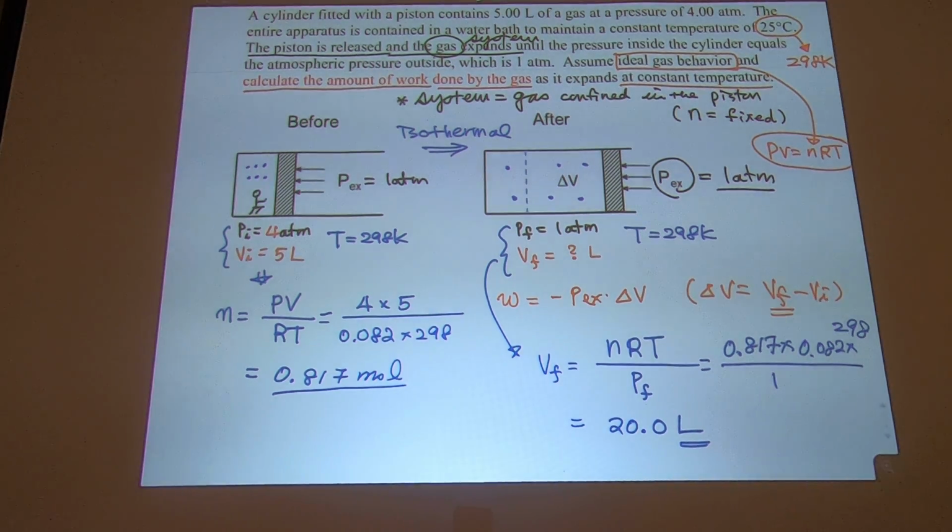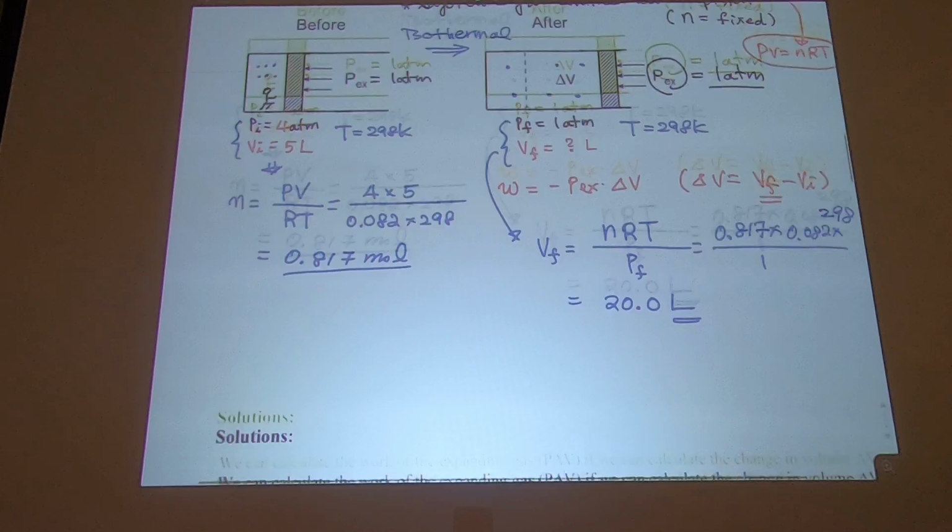So if you want to use this value, you are going to use pressure in atm and volume in liters. Because I choose to use this value, the pressure must be in atm and the volume must come out in liters. So that's your answer.